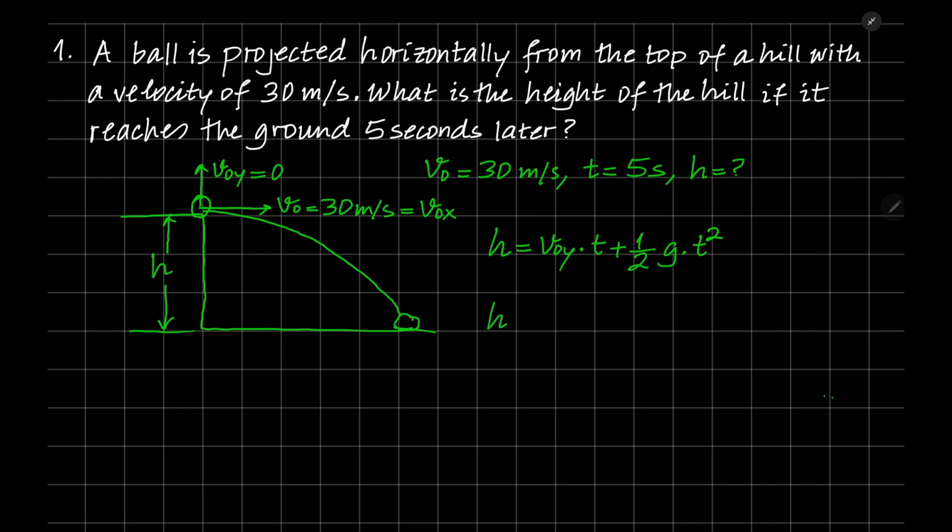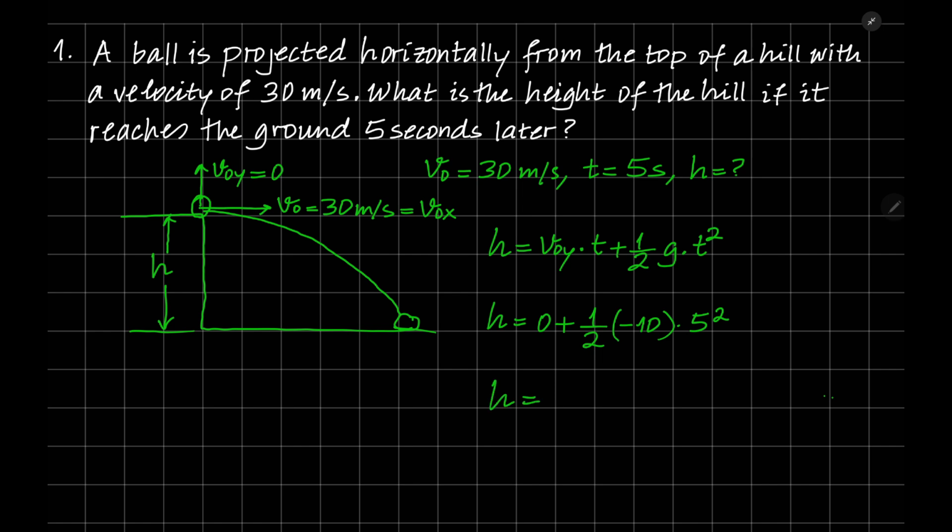Then h is equal to 0 plus 1 over 2 times g, which is negative 10, times t, which is 5, then 5 square.